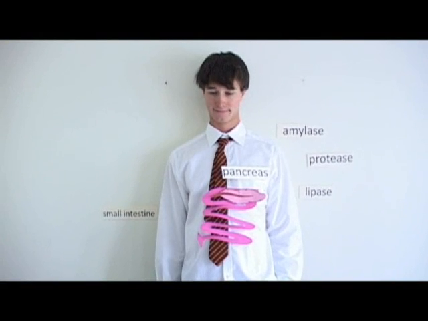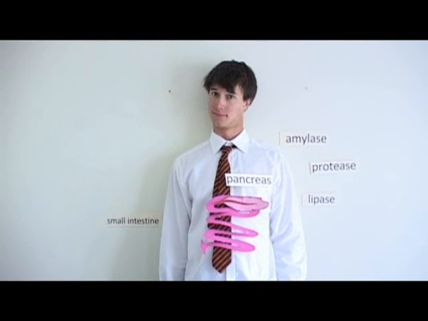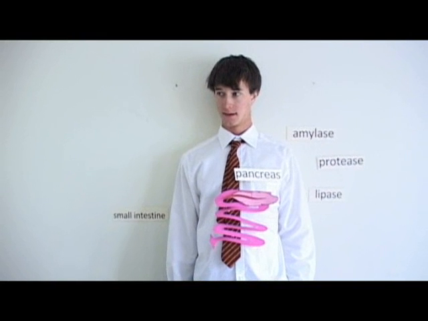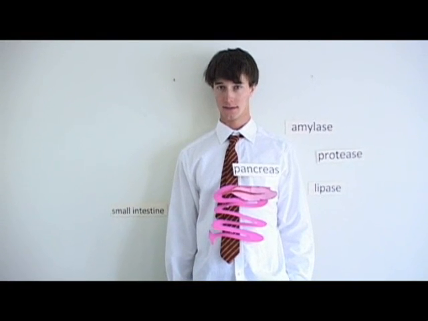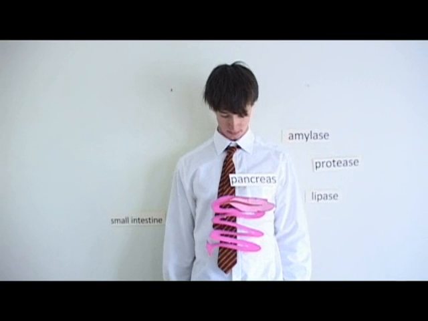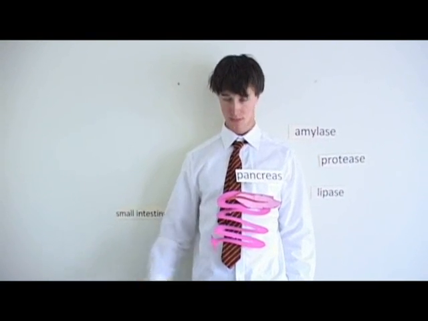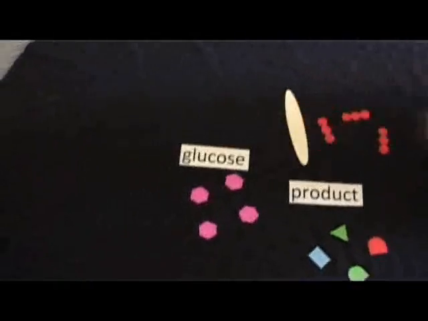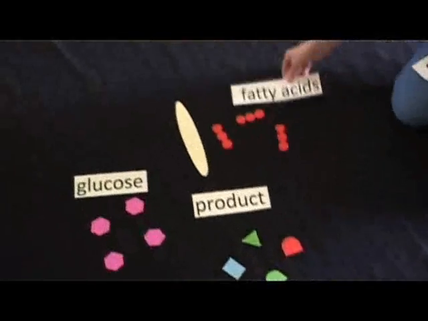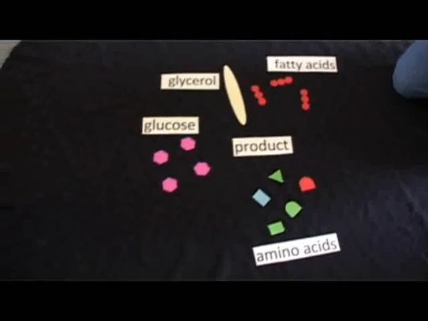The pancreas and small intestine both produce all three enzymes, amylase, protease and lipase, to ensure the complete digestion of starch, protein and fat to soluble products that can be absorbed eventually into the bloodstream.